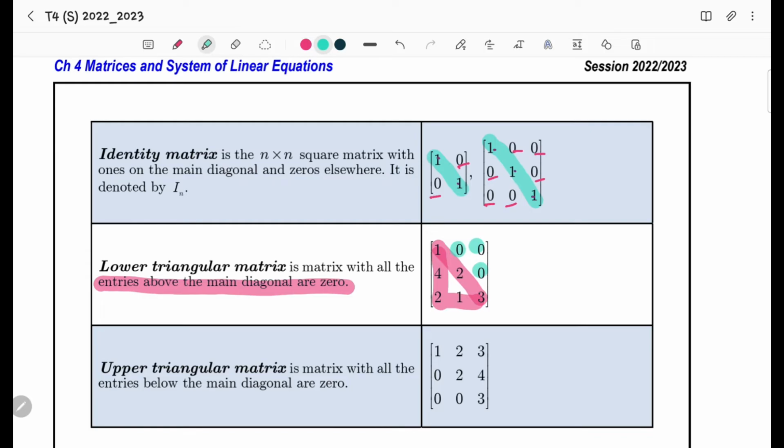Okay, and then upper triangular matrix is a matrix with all the entries below the main diagonal being zeros. So other than the ones I've highlighted will be 0.